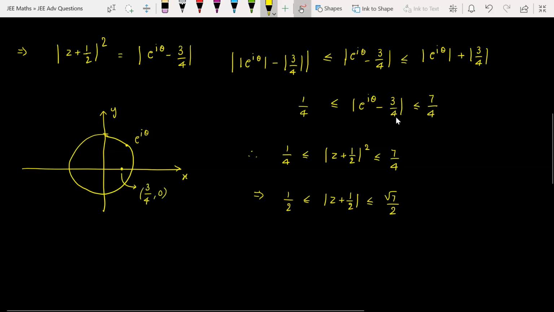Modulus of e power i theta minus 3 by 4 indicates the distance between the point cos theta comma sin theta and the point 3 by 4 comma 0.